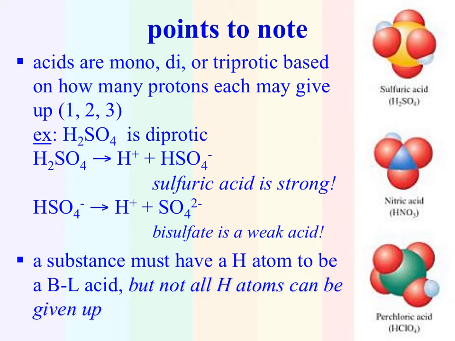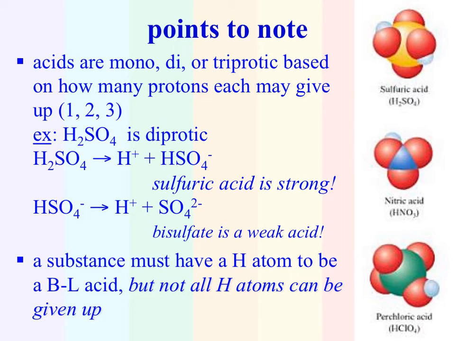As we see here, the first proton given away by sulfuric acid is a strong ionization, because sulfuric acid is a strong acid. Bisulfate, excuse me, is not a strong acid. It's in fact a weak acid, so the ionization is not going to lie as far to the right as we saw in the previous step.